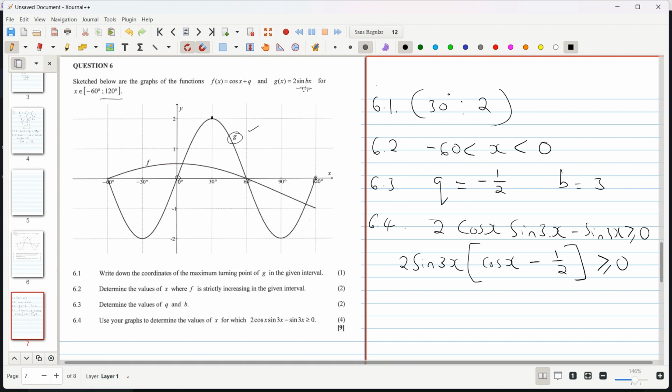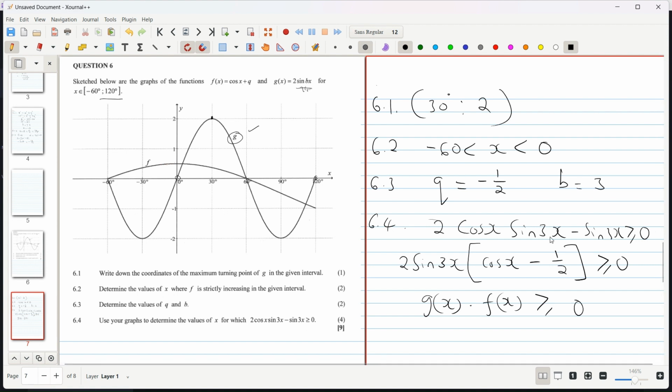So cos x minus half is this function here. Remember, our value for q is minus half, so it becomes this function here. So it's like we're having g of x times f of x greater or equal to 0, right?